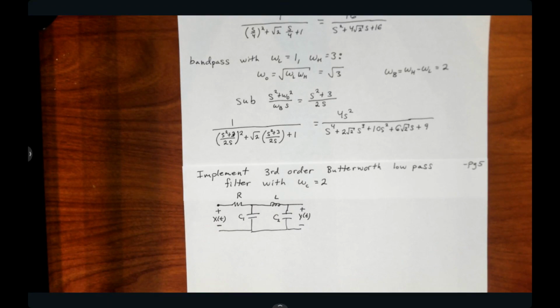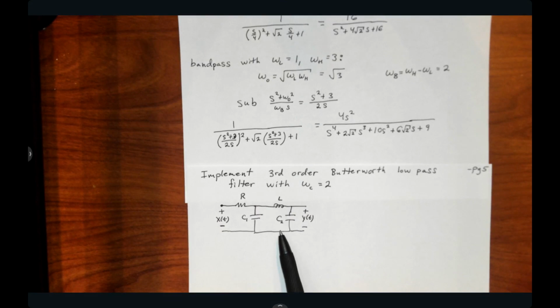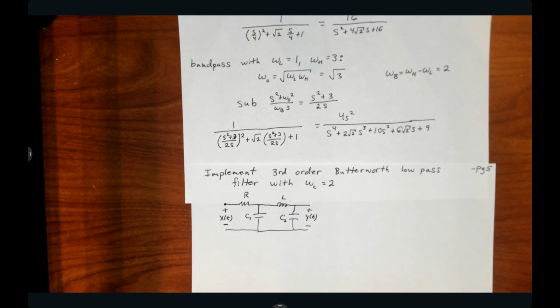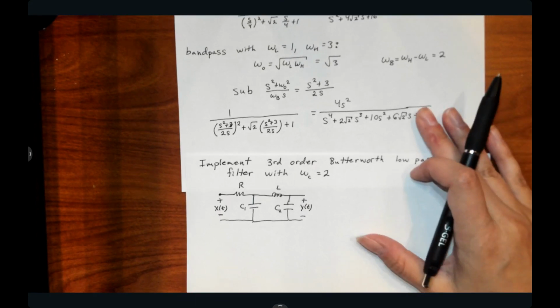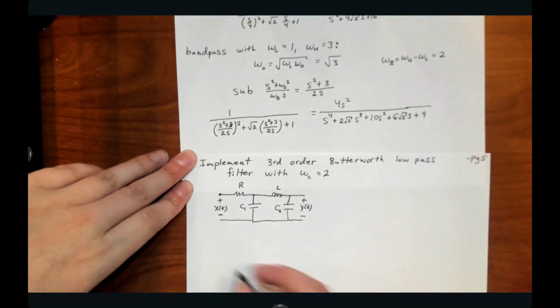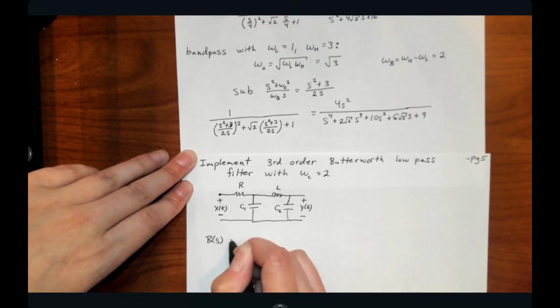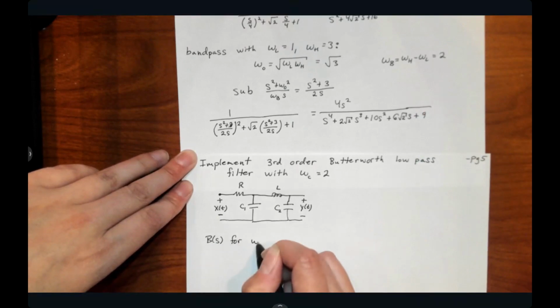And so the process here, first I want to figure out what will my Butterworth transfer function look like. Right, so that would be my desired transfer function. And then we're going to look at what is the transfer function of the circuit. And then what you do is you just compare the coefficients. And from there you can figure out what do I need all these circuit elements to be to get that Butterworth filter that I want. Right, so we had already seen our Butterworth filter when omega c is equal to 1.